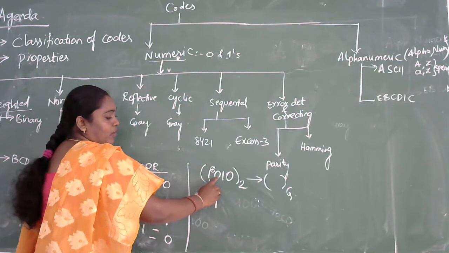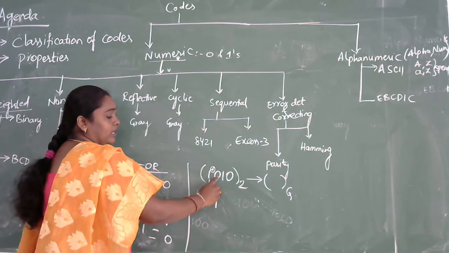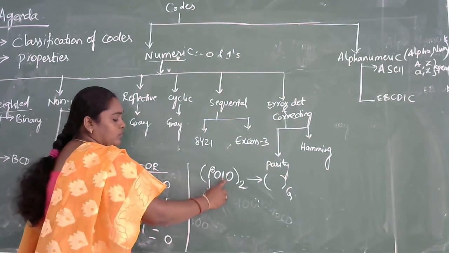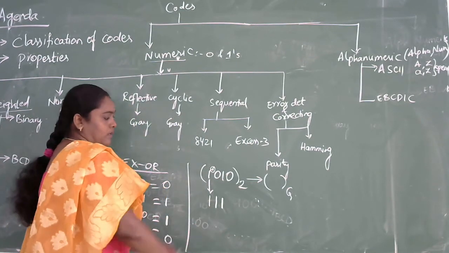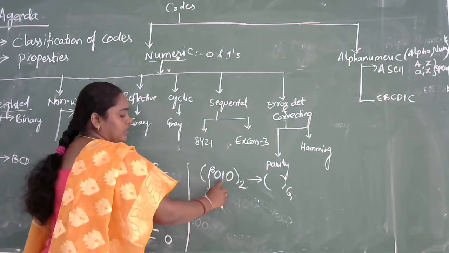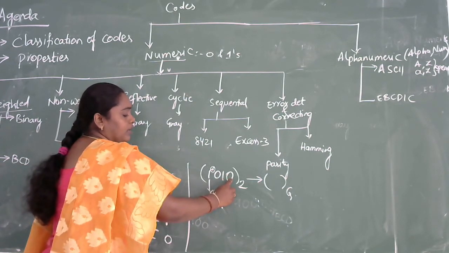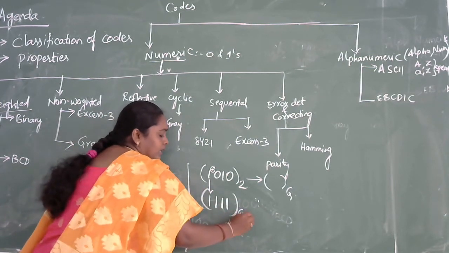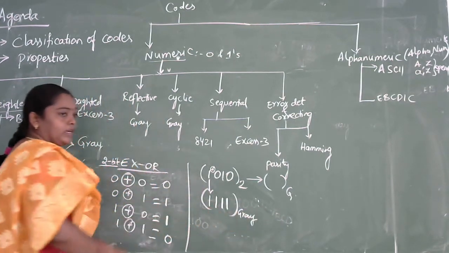Similarly, perform XOR from the second digit with the third digit. So 0 XOR 1 is equivalent to 1. Similarly, the third digit with the fourth digit, 1 XOR 0, is equivalent to 1. Whatever result I got is nothing but the gray code.